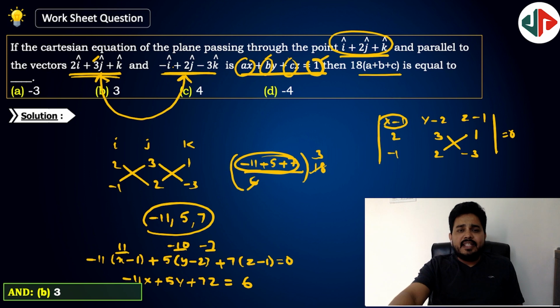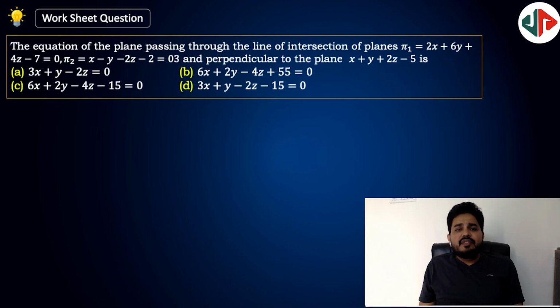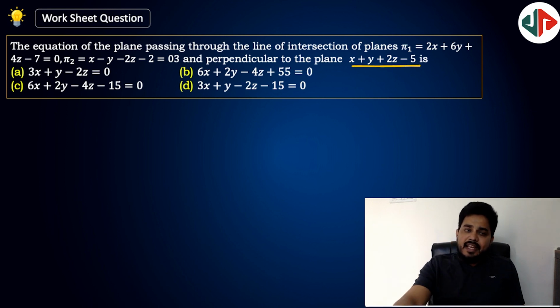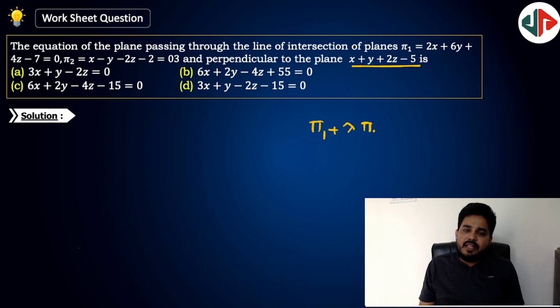Okay. Next question is the equation of the plane passing through the intersection of two planes and perpendicular to a third. Any plane passing through the intersection of two planes is pi 1 plus lambda pi 2 is equal to 0. But this plane is perpendicular to pi 3.